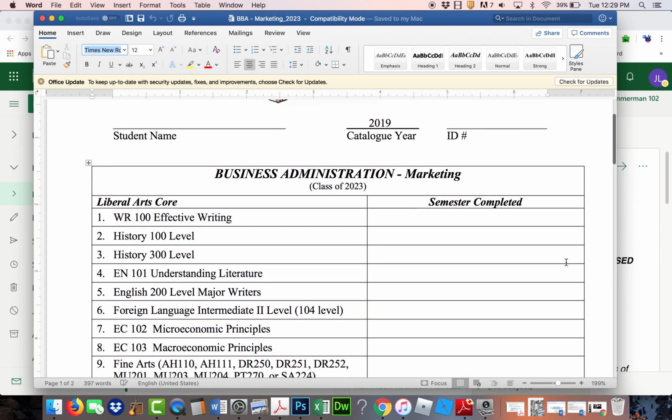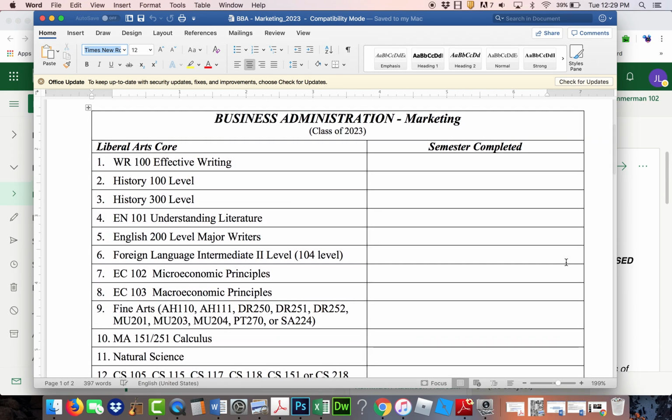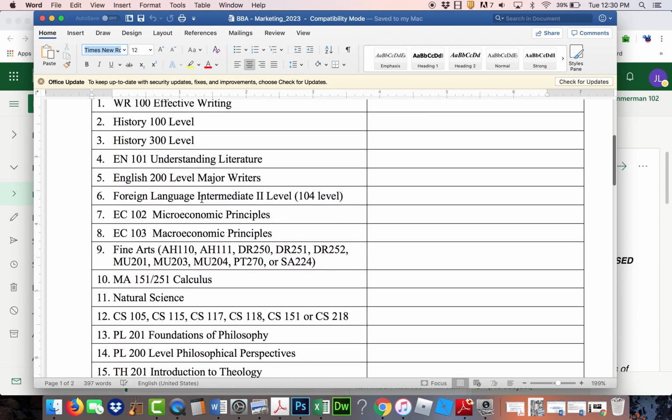business majors. Okay, so we see that a lot of these are the same as effective writing, history. However, whereas for the communications majors it just said social science core, here they tell you specifically, if you're any of the business majors, it's going to be the same. You have to take micro and macro economics, usually one and then the other.